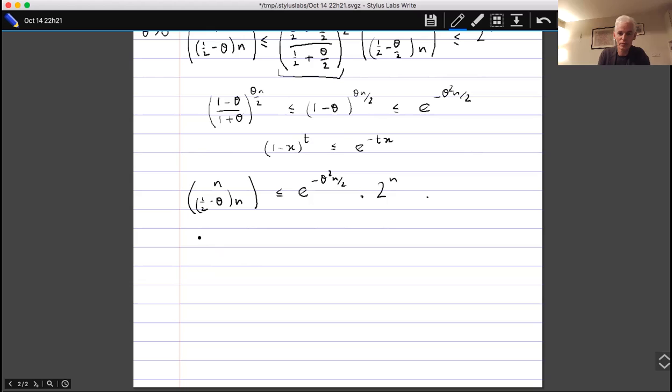So I'm going to take some independent random variables, taking values in minus 1, 1, and all of mean 0.